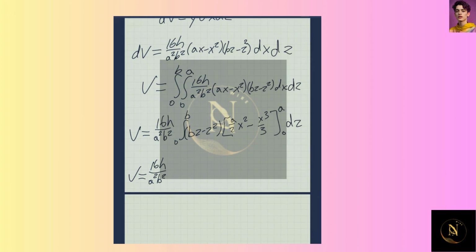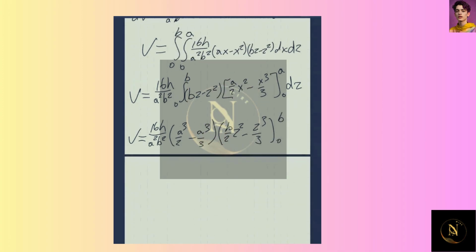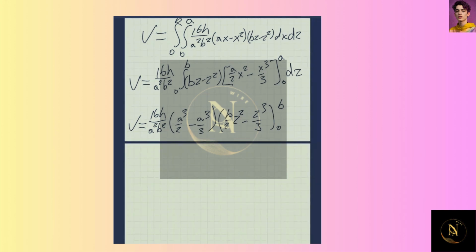And then simplifying further and solving the integral in the z direction, we get a cubed over 2 minus a cubed over 3 times (b over 2 z squared minus z cubed over 3) from 0 to b.